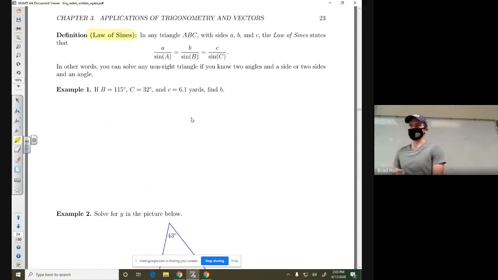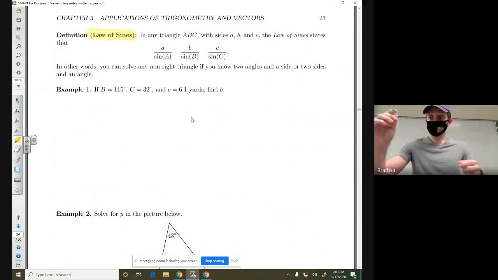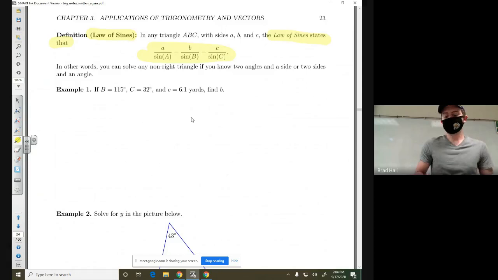We're just going to start off with the formula itself, the law of sines. This is for any triangle. It doesn't have to be a right triangle. We are now generalizing from a right triangle to any triangle. In any triangle, the law of sines states an equivalence between ratios.